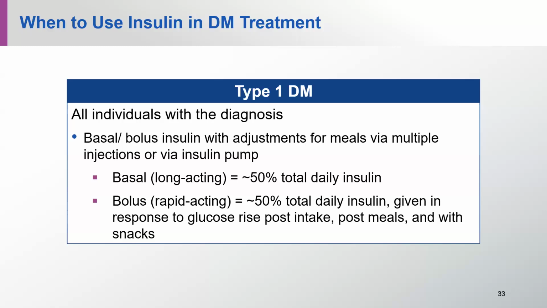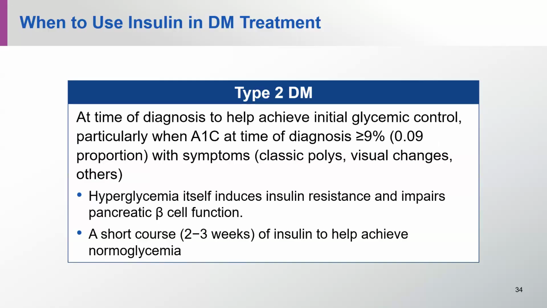The healthy pancreas in the person who does not have type 1 nor type 2 diabetes makes about 50% of the body's daily insulin as a basal and 50% in boluses in response to glucose rise post intake, post meals, and with snacks. So basal bolus with these adjustments via either multiple injections or, of course, now with type 1 diabetes, increasingly with insulin pump.